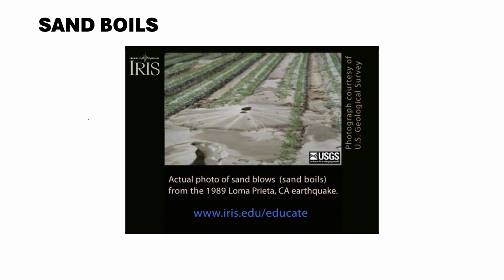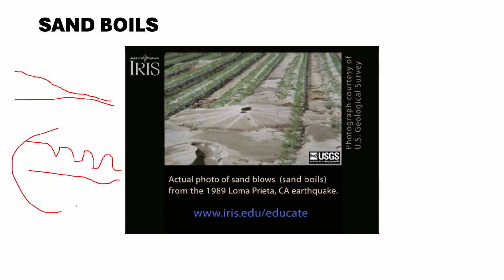Just like sand boils, there was something else, in which, if you remember, if the ground was initially like this, because of this liquefaction, the ground became like this. I hope you get the idea. So what do you call this process?